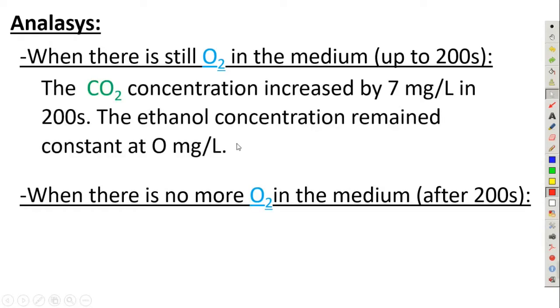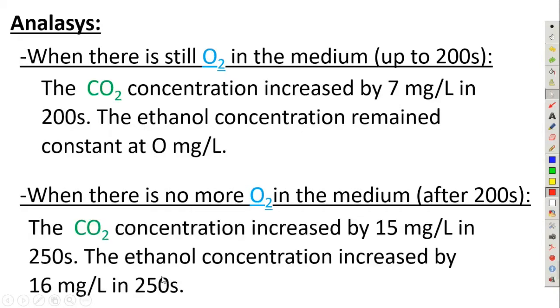As we said, the CO2 concentration increases, the ethanol concentration remains constant at 0, so there's no ethanol when there is still dioxygen. And when the oxygen has disappeared, the CO2 will still continue to increase, but now there's a new element, ethanol also increases.